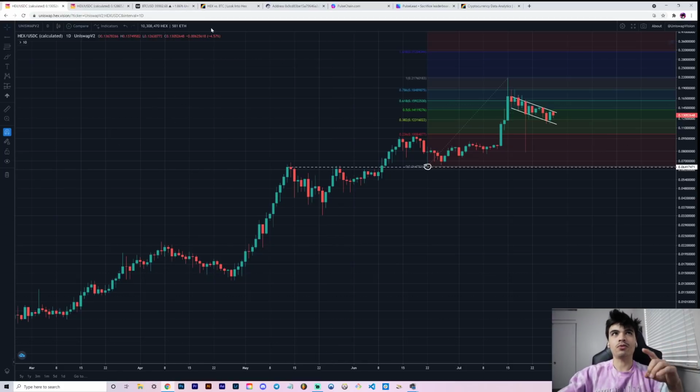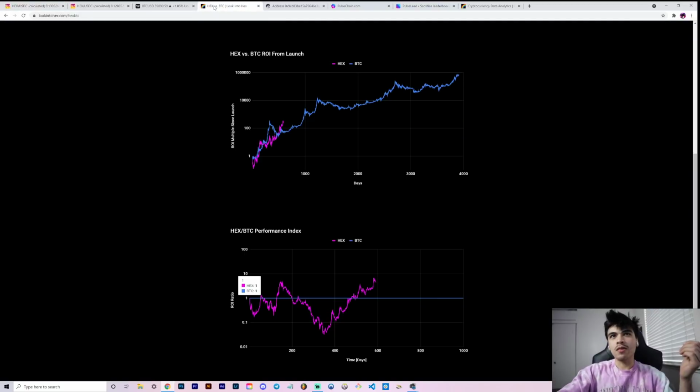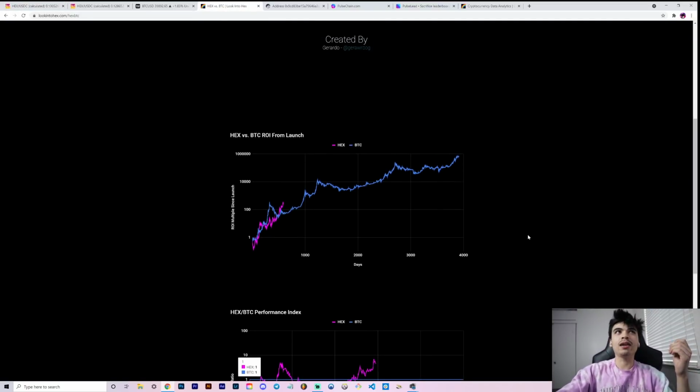I'm going to go off into a rant here. But just think about it. If you're doing statistical analysis, like the quantitative stuff on LookIntoHex.com, there's this general rule of thumb that the more data points you have in a statistical model, the more insightful it is.